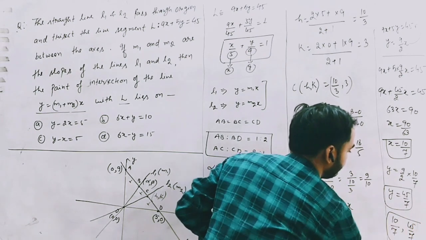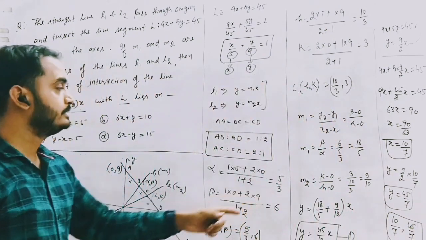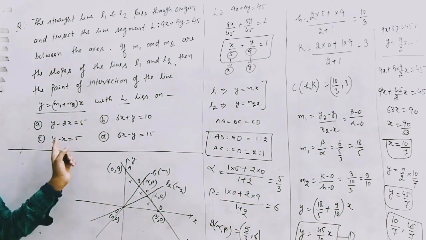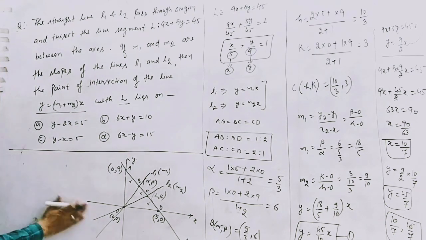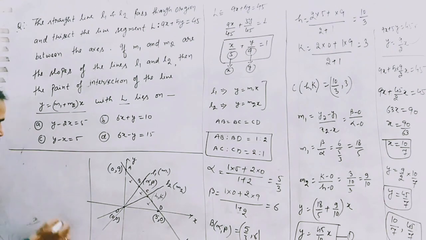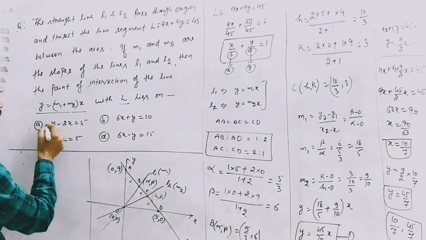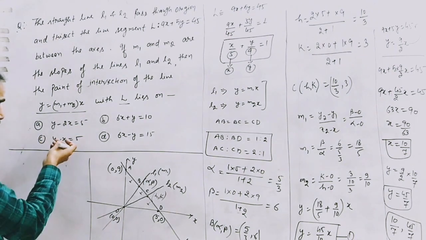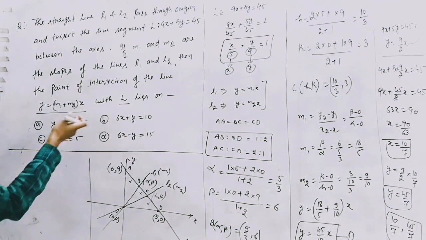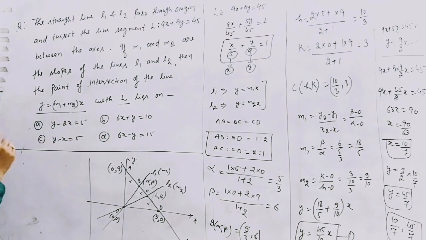Now we have to find which of the following lines this point lies on. So to check, we have to put these coordinates of x and y in options A, B, C, D one by one.